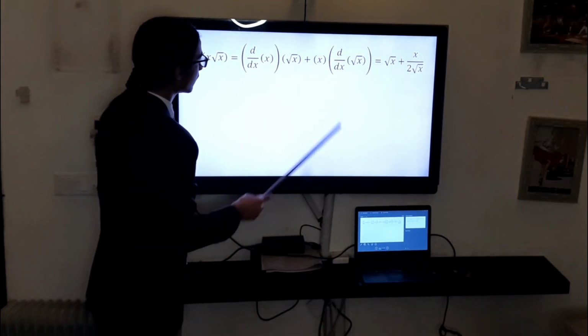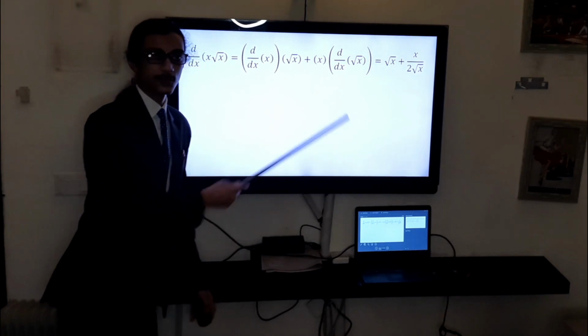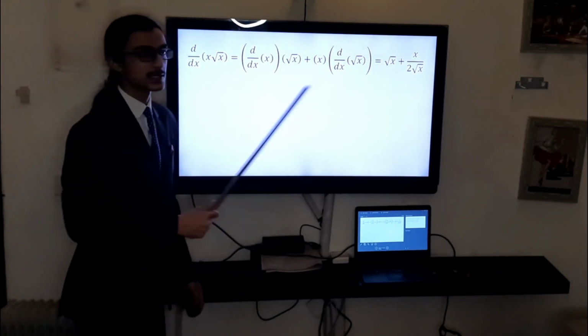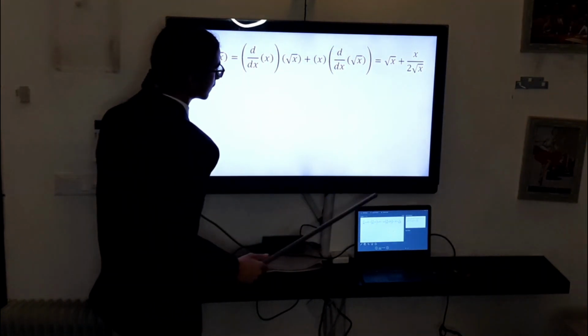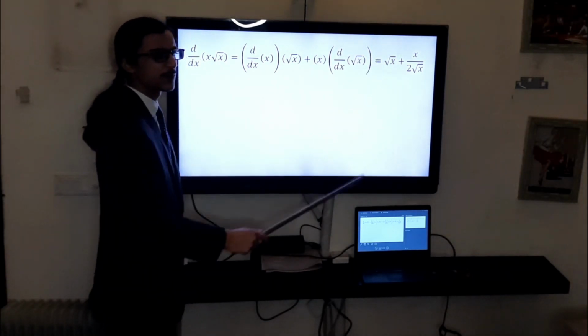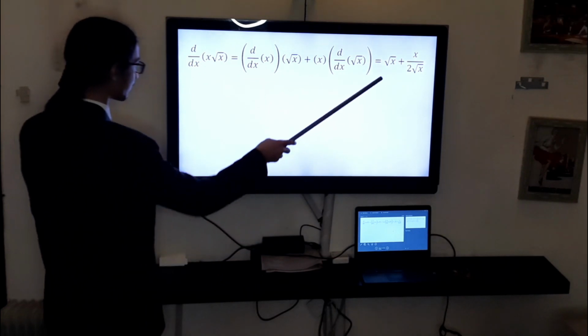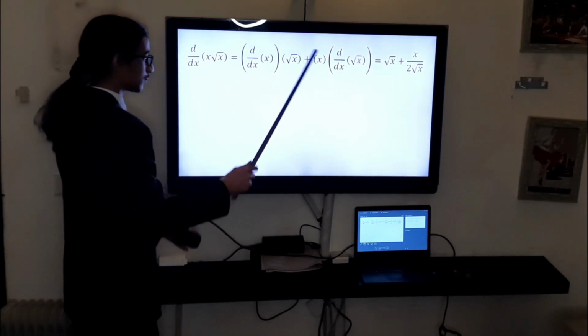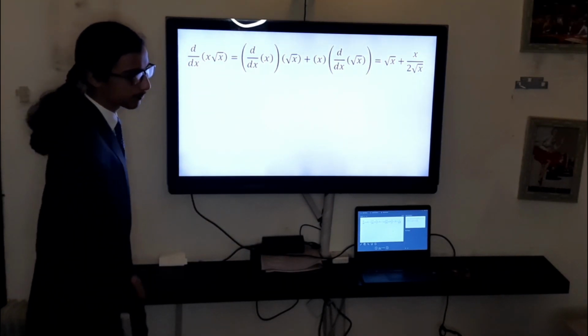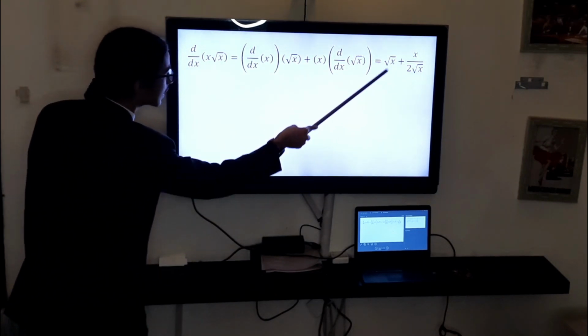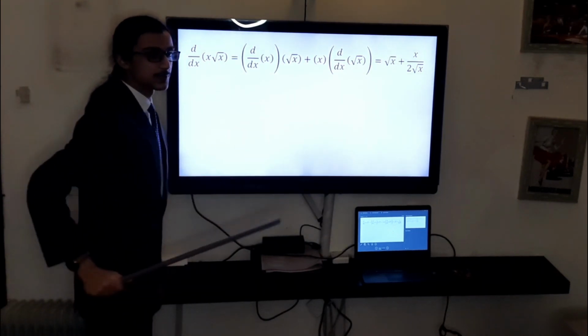Now x into the derivative of square root of x. So the derivative of square root of x is 1 over 2 root x. So x into that will just be x over 2 root x, right? You could probably simplify this a bit further, but I'm just going to leave it as it is. Great. So that's really all that there is to it. You could add these two terms together. It's not too difficult, but I'm going to leave it as it is for now.